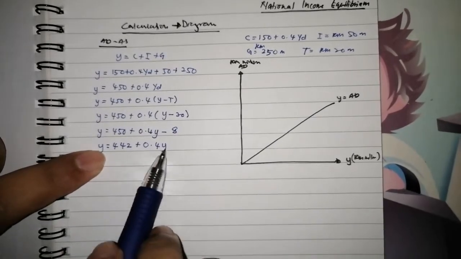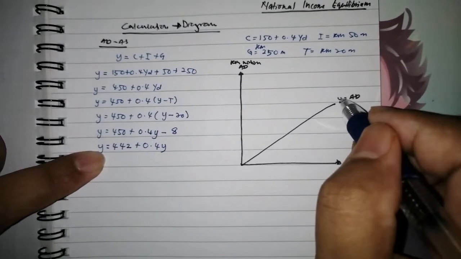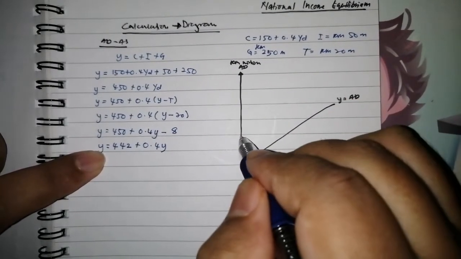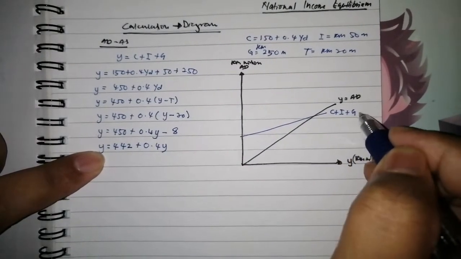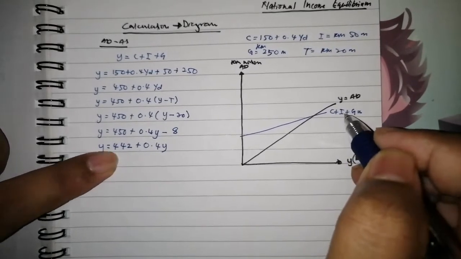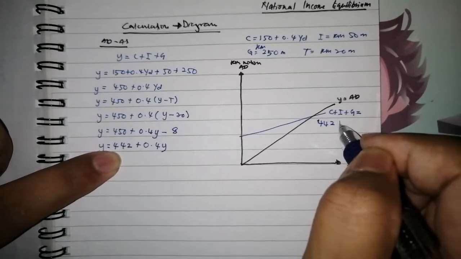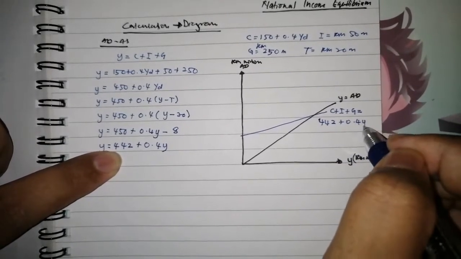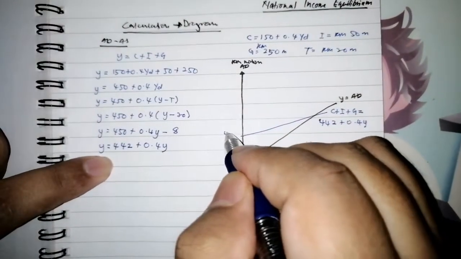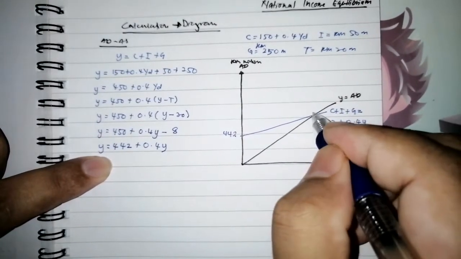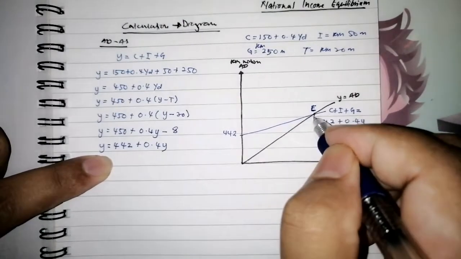Let's say I want to use the equation of Y. So I will sketch the equilibrium for 3-sector, which is when Y intersects with C plus I plus G, and the equation for C plus I plus G is 442 plus 0.4Y, and the intercept here is 442, and this is the equilibrium point, right?